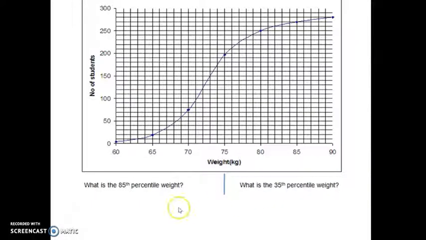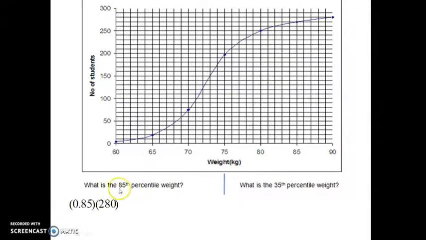Next one, what is the 85th percentile weight? Now it's giving us a percentile value, so we don't know what weight it is. We're going to find out what weight it is. And 85th percentile means 85% of students are below this value. So the total number of students, again, is 280. And we need to find the 85th percentile of that.